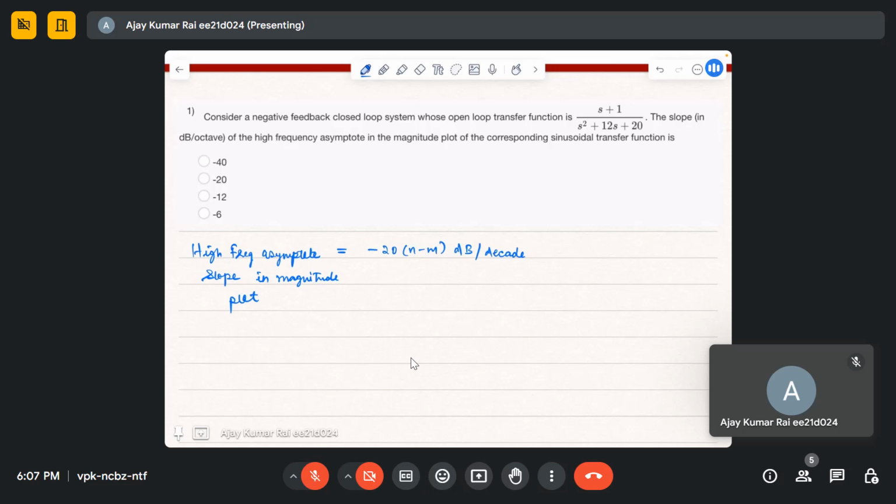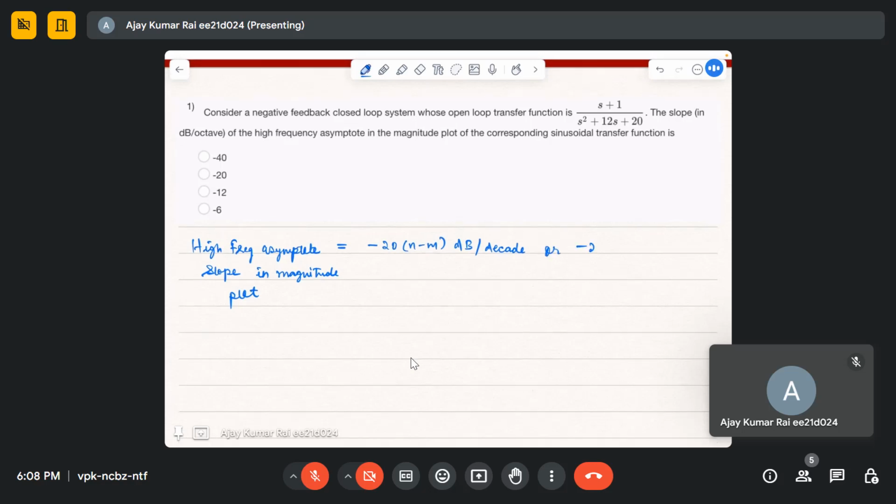That is the typical process. But this week we have studied that the high frequency asymptote in the magnitude plot is equal to minus 20 (n minus m) dB per decade, or minus 20 (n minus m) dB per octave.